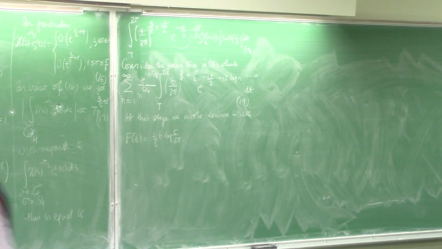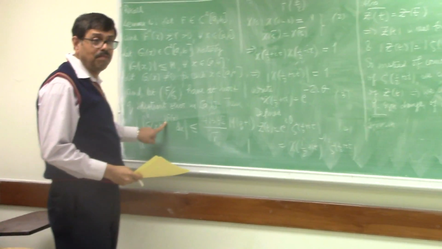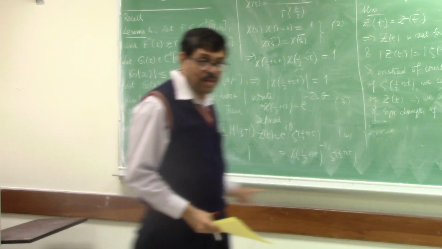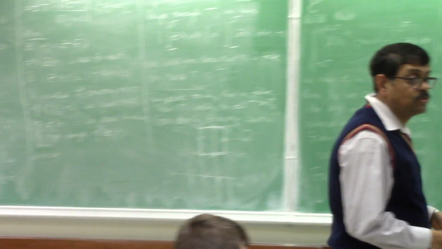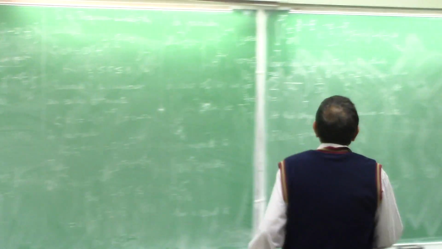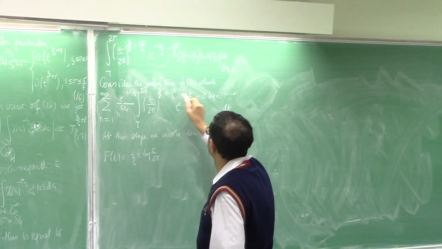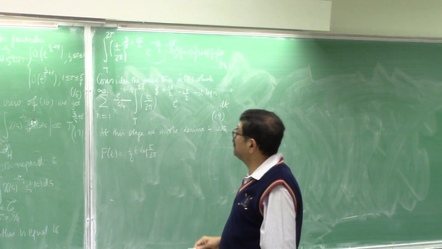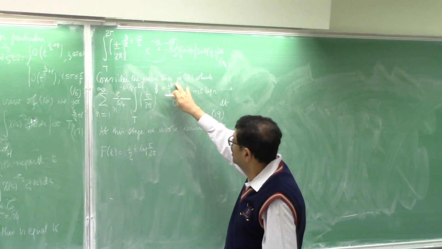Go back to lemma 4. Lemma 4 is e to the I f of x. So whatever is attached to I is what I'm writing down here. Okay, so it's attached to e to the I. So this is the part involving I. So f of x is, you take this log.